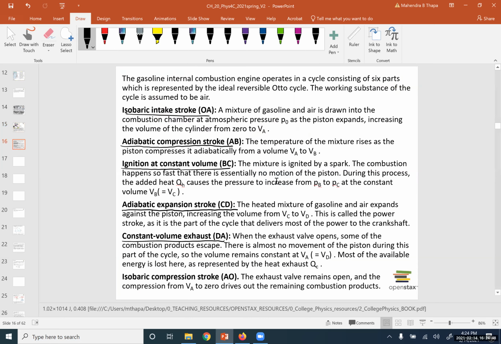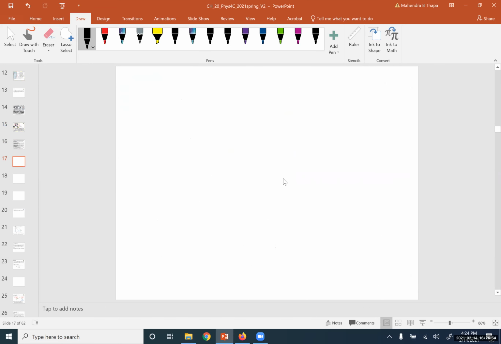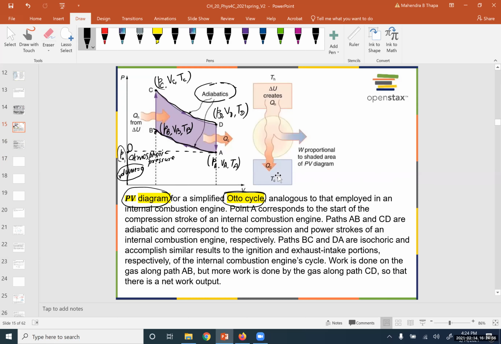Finally it's called the isobaric compression. It will go from A to O. A to O means what will happen? It will be at constant pressure, the volume decreases. Finally again it becomes the initial state.